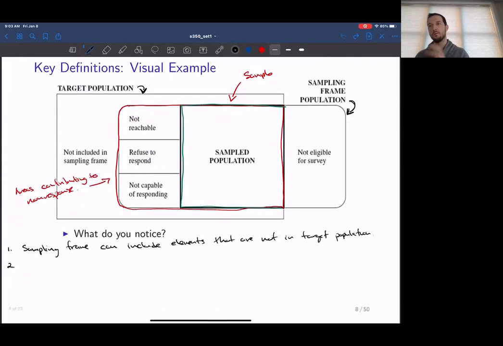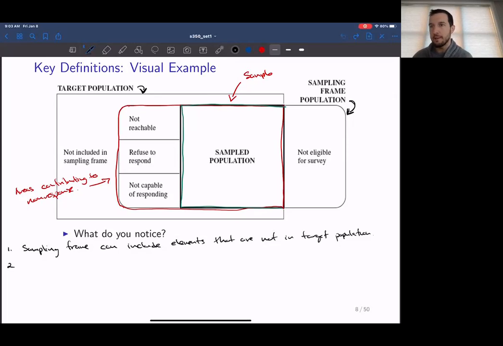All right, so the structure of the frame compared to the target population. Our target population here is this rectangle that sits in the background of the image, and in the foreground you have the sampling frame. The sampling frame is also a rectangular shape that has curved edges.